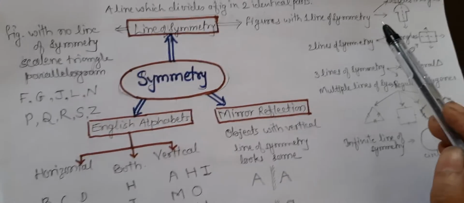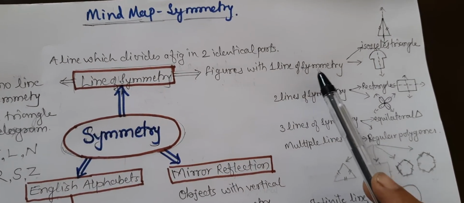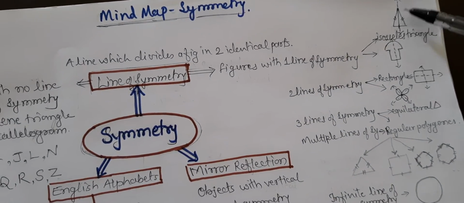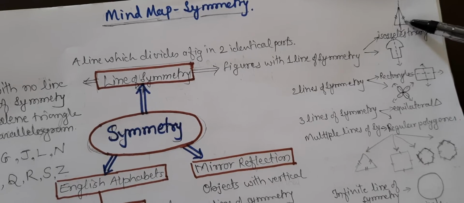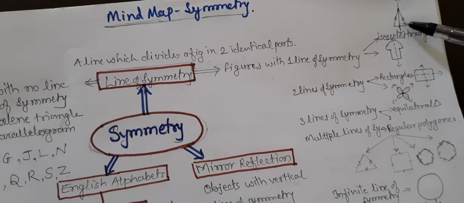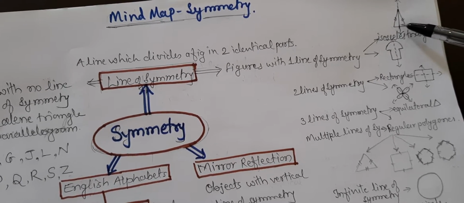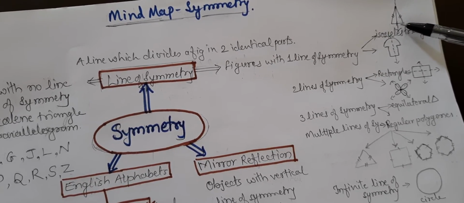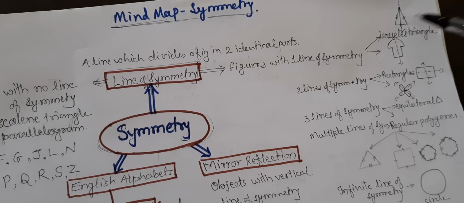Now we are going to see the figures with one line of symmetry. If the figure gets divided by a line into exactly two halves, then we can say that this line is dividing the figure into identical parts and hence it has one line of symmetry.